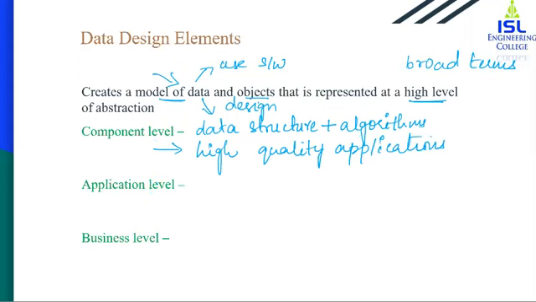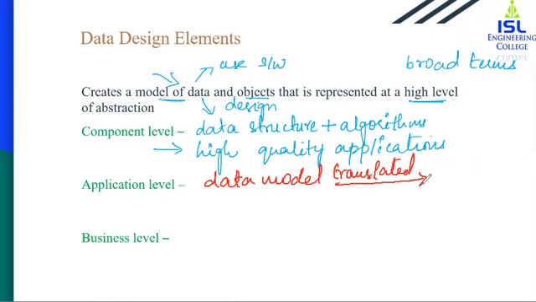Then the next one is the application level. What happens at the application level? At the application level, you're going to translate the data model into the database.